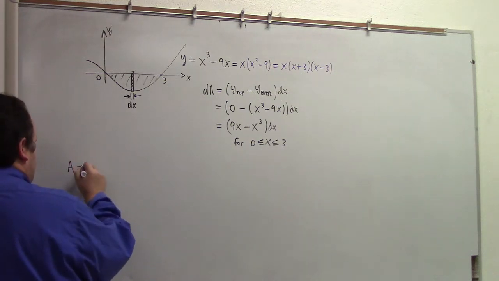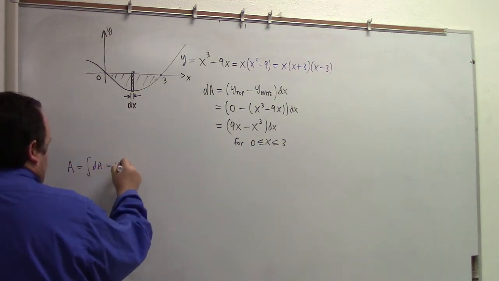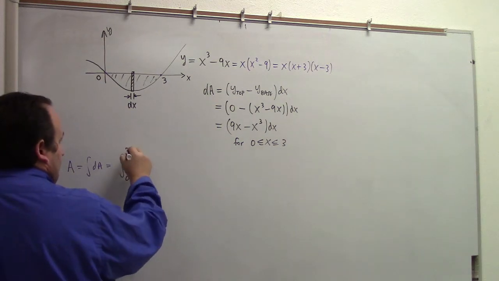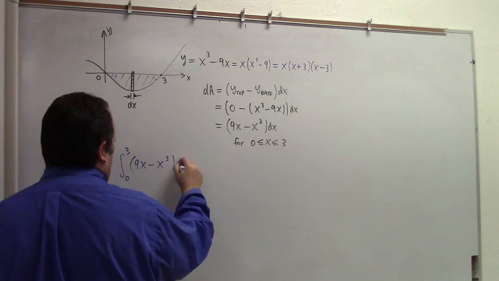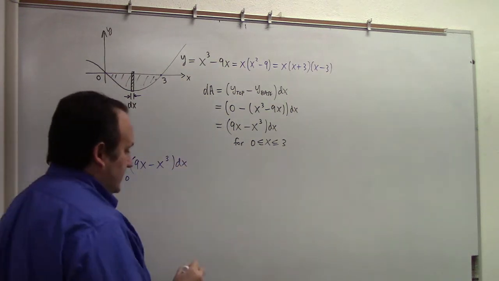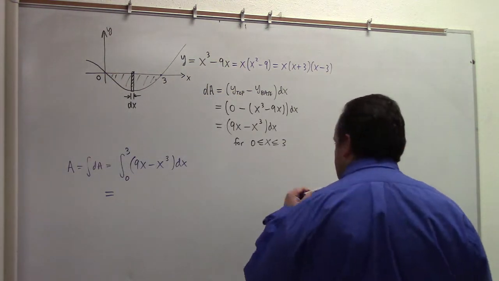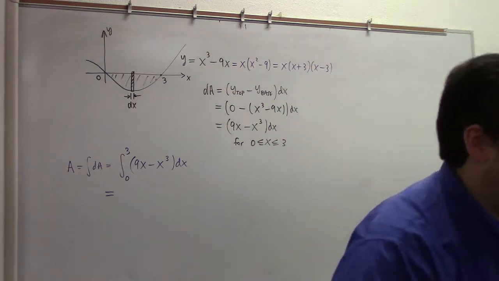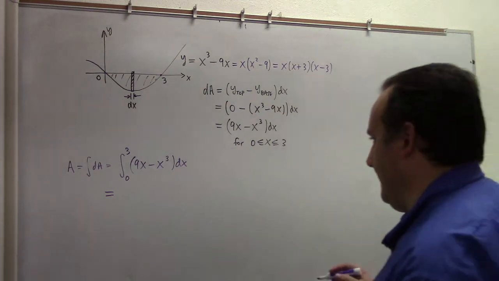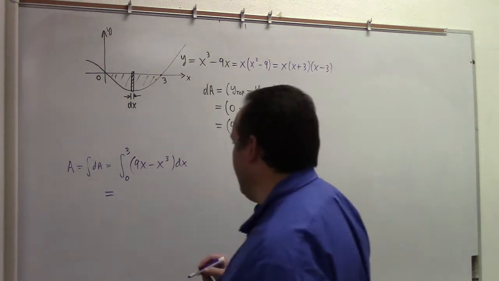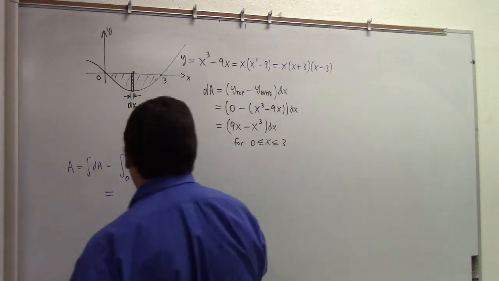Anyway, A is the integral of dA, which here means the integral from 0 to 3 of 9x minus x cubed dx. So we integrate. What's the integral of 9x? 4.5x squared, yeah.